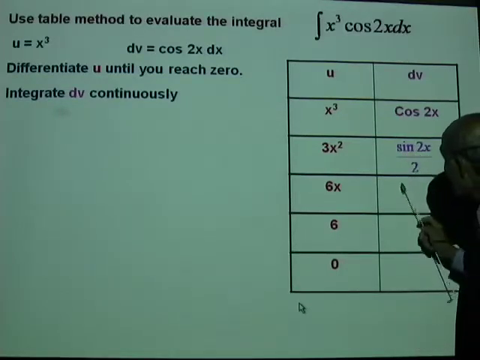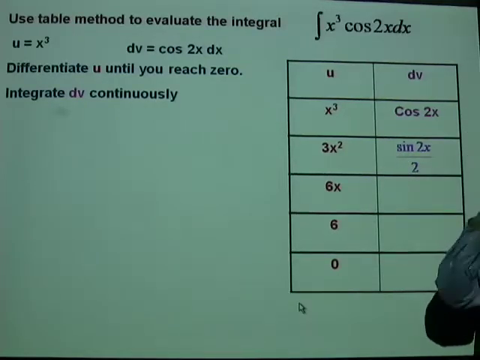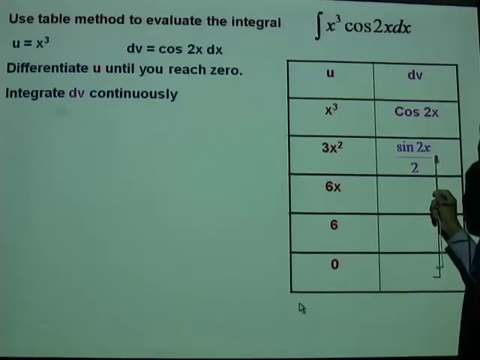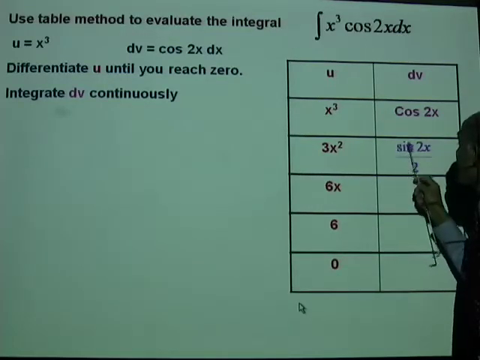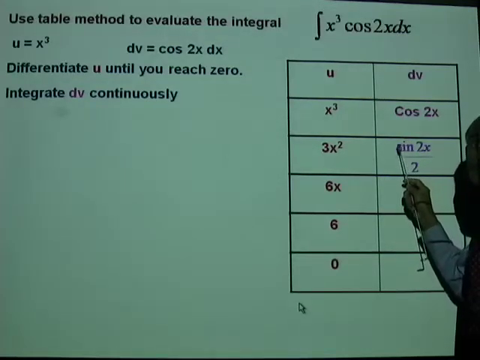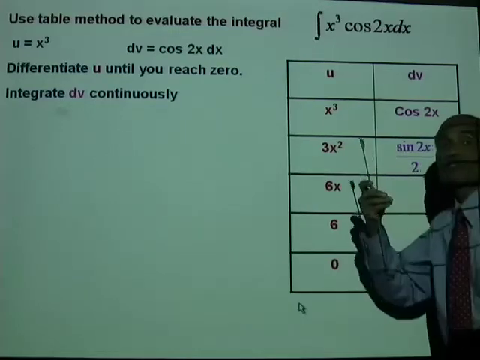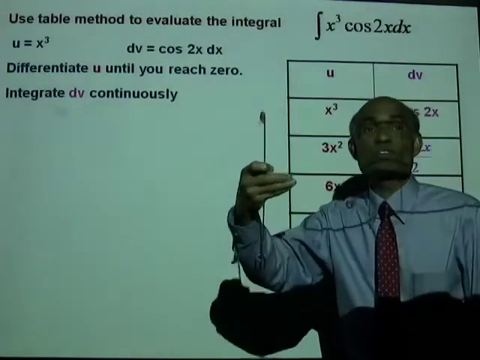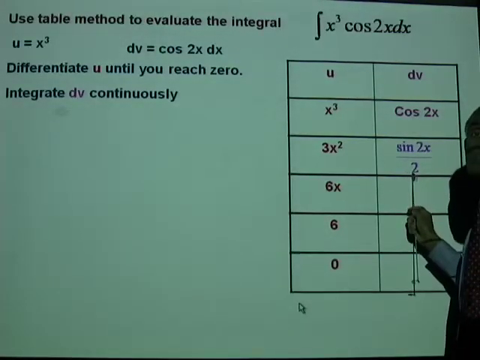Alright, integrate that again. What do you get if you integrate sine 2x divided by 2? There's of course a dx there, don't ignore that. The integral of sine 2x over 2 dx will give you negative cos 2x over 2, and that 2 combines with this 2 to give you a 4.